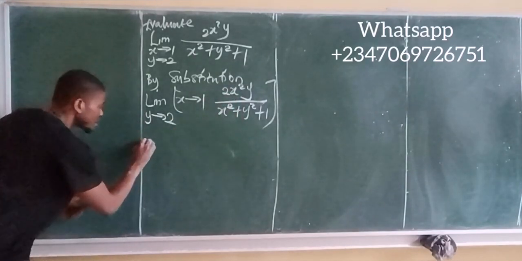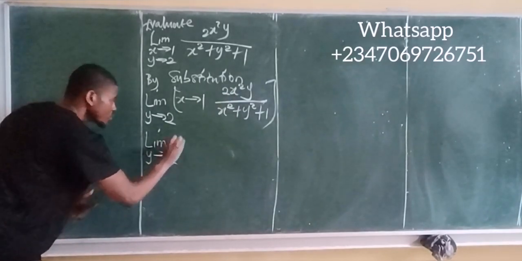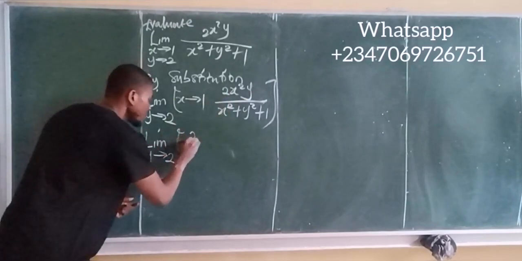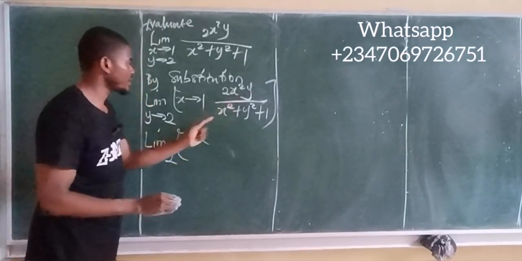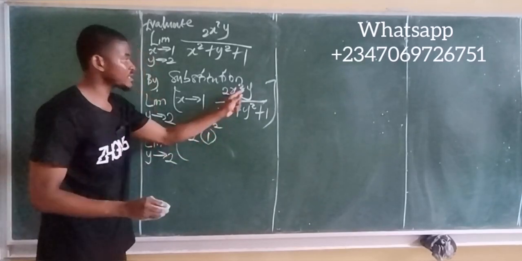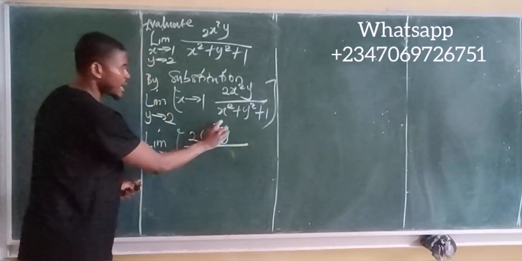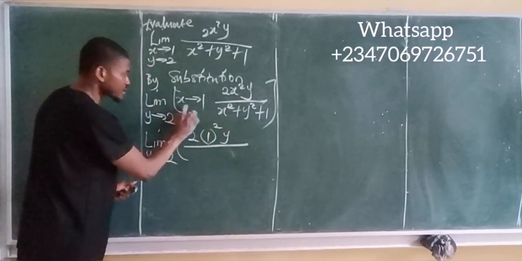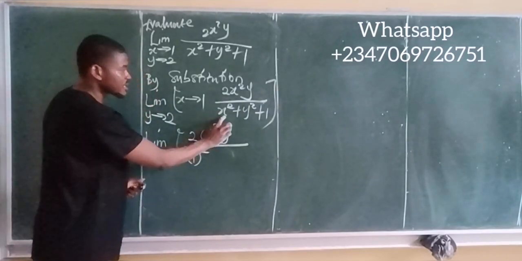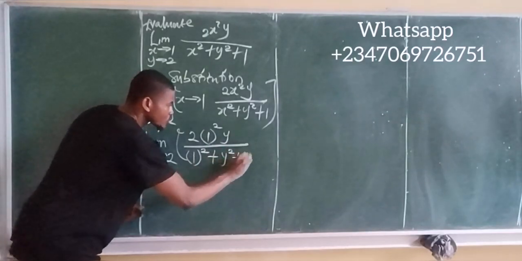So this gives us limit as y tends to 2 of, I have 2 here and I have x squared here and x is 1. So this becomes 1 all squared because x here is squared. Then put down my y all over, I have there x squared. Since x is 1, I simply have 1 all squared, plus y squared plus 1.